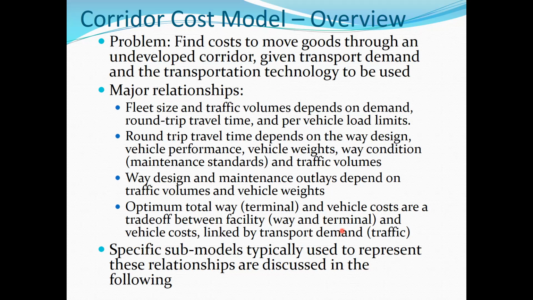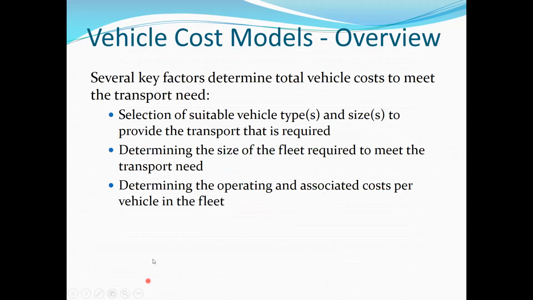Specific submodels are typically used to represent those relationships. So what are some of the submodels? This first submodel is a vehicle cost model. The vehicle cost model involves selection of suitable vehicle types and sizes to provide the transport that is required, and determining the size of the fleet needed to meet the need.